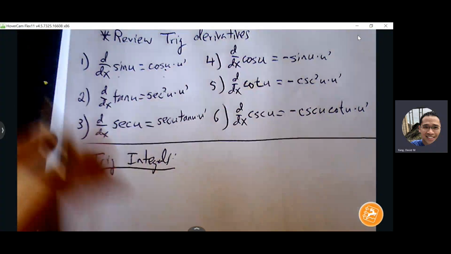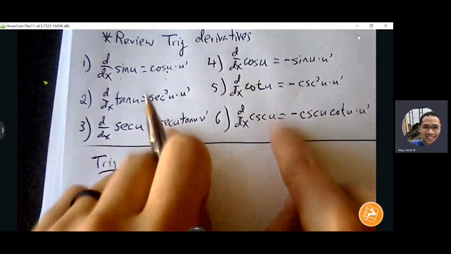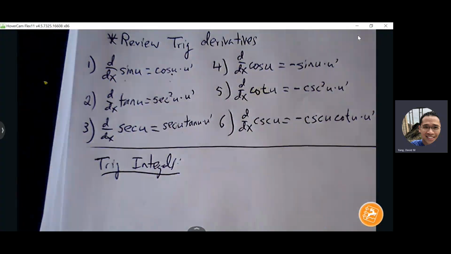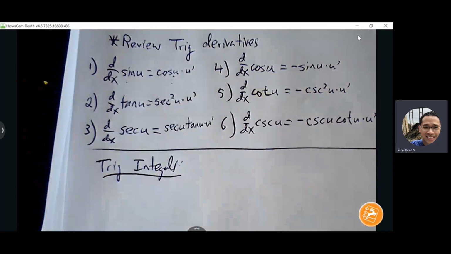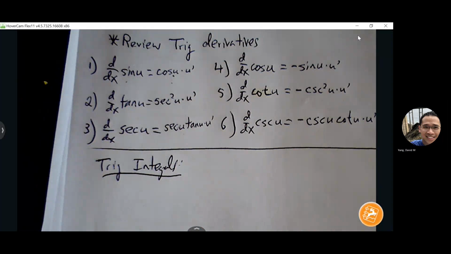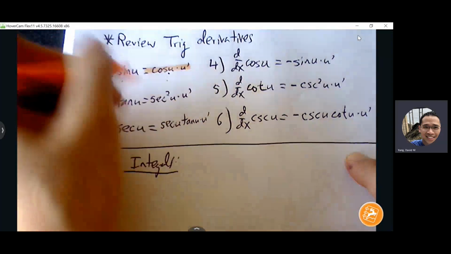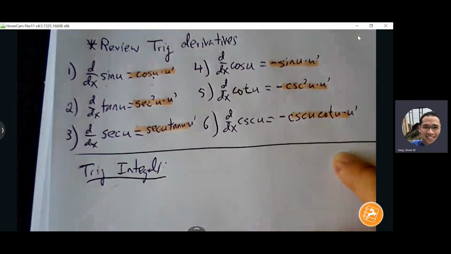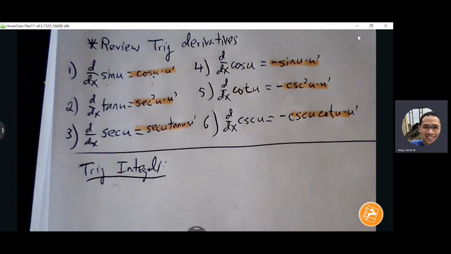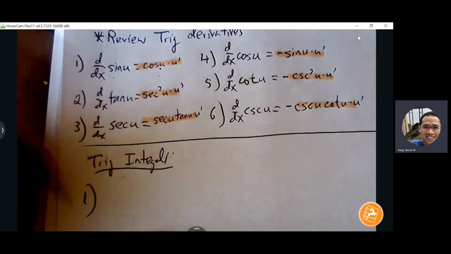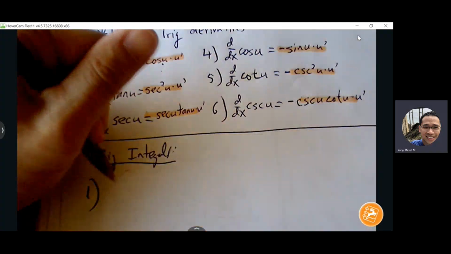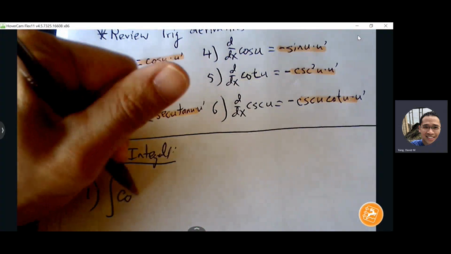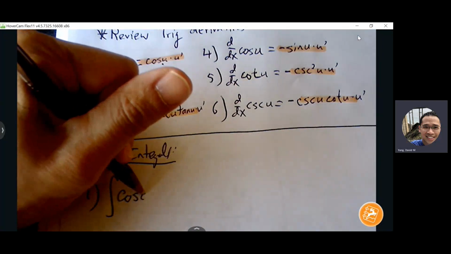I don't want you to memorize these trig integrals. I just want you to use these trig derivatives and adapt them. For every one of these, we're going to look at the right side first, and we're literally going to move to the left side. There's some slight adjustment, but not much. So the first one, we'll say the antiderivative of cosine of u.